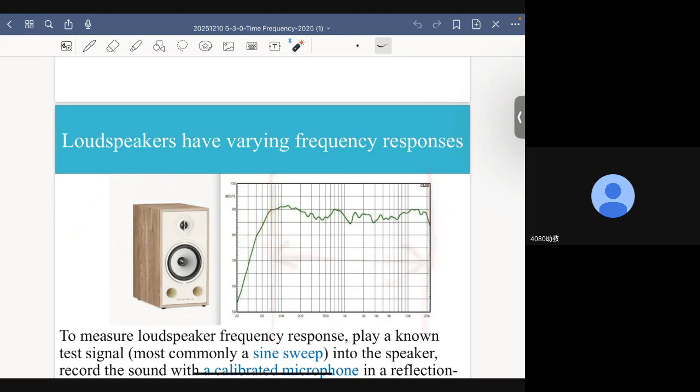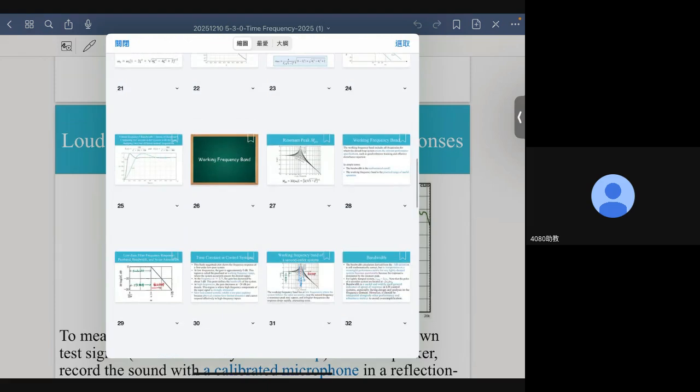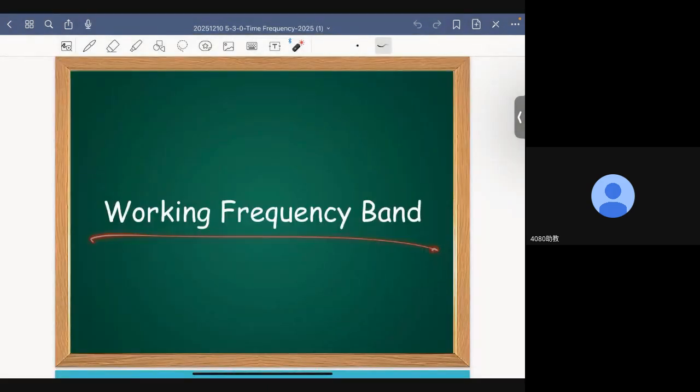Okay, so based on such observation, here we want to introduce to you a concept, what we call working frequency band.